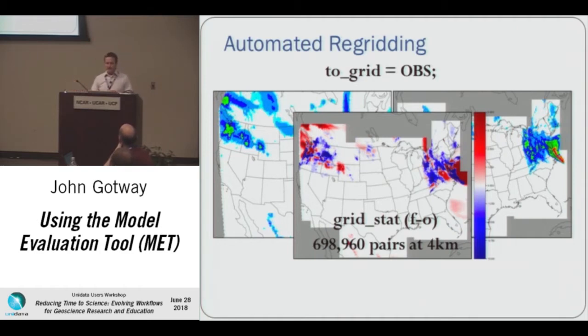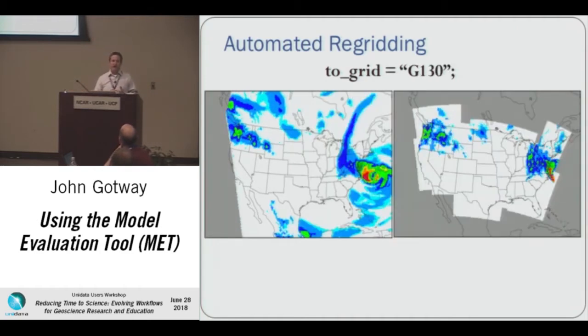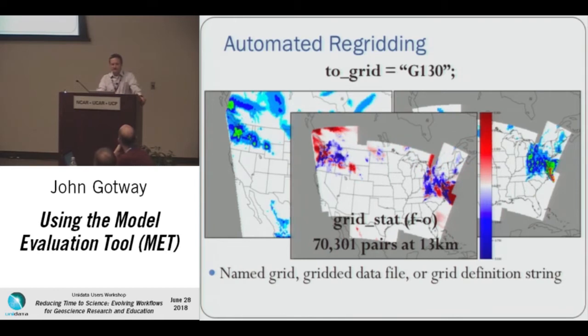So maybe instead you want to choose a middle ground, and this is an example of, instead of setting to-grid to forecast or obs, you set it to a third grid, and you remap both of those data sets to a common grid. In this example, I've used NCEP grid 130, which gives us 70,000 matched pairs at 13-kilometer resolution. And you could talk to Tressa or other statisticians about what is the most appropriate way of doing the regridding. I'm just pointing out that these options are available in the software.